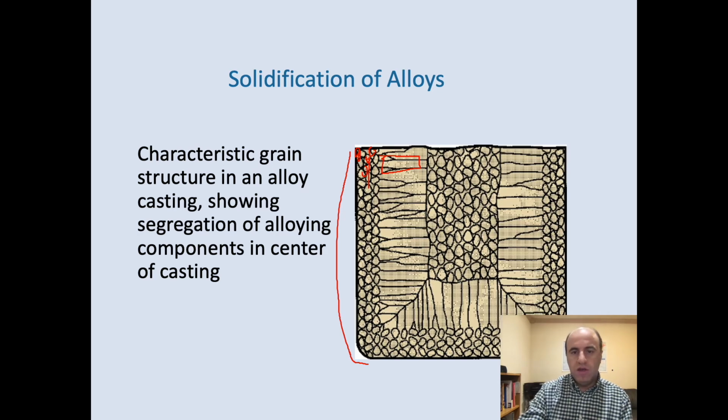But here in the center, we have some alloying elements that are not mixed with these columnar grains. The main reason is that some of the elements, for example copper and nickel, some of them have a lower melting temperature, some of them have a higher melting temperature.